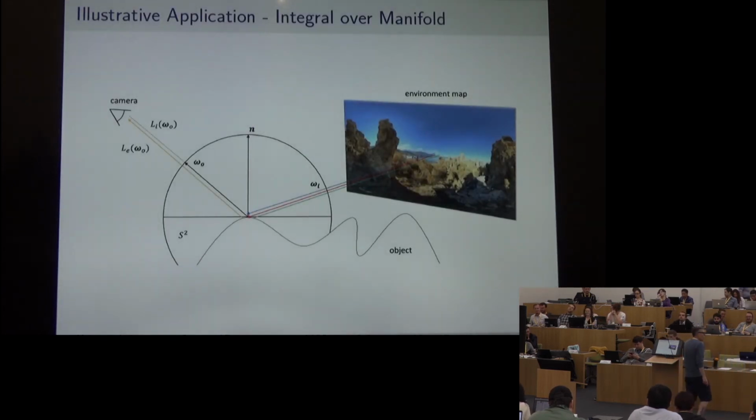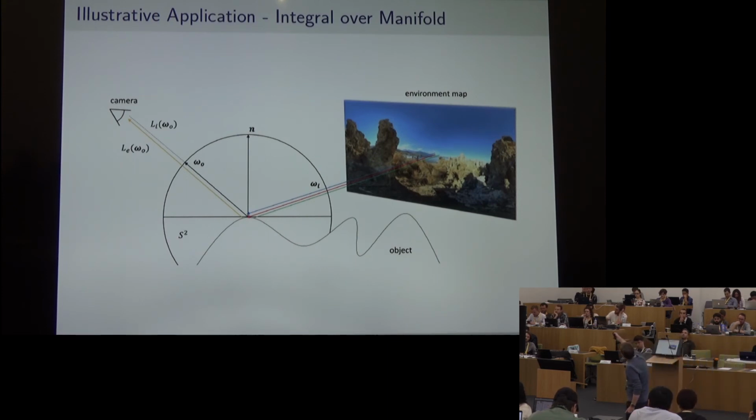The example that I'm going to give you is not a straightforward one, because we're going to integrate over a manifold. And the application is one from computer graphics, where we would take an object, some object, and we want to embed that object into an environment.